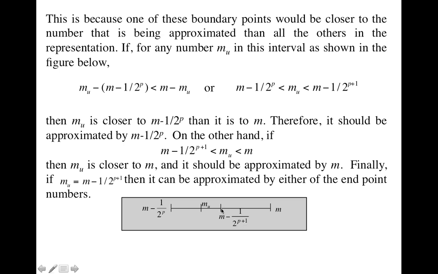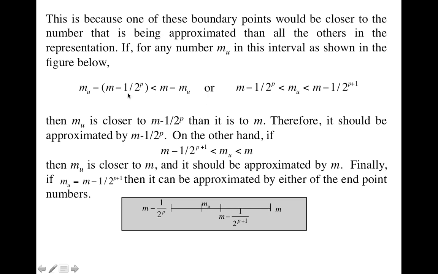The one in the middle is how we can tell whether the number that we're interested in approximating should go to this number or to this number. If that number mu is between the halfway point and the point on the left, like in this first half, then it must go here. If it's in this half, it must go to here, this m.